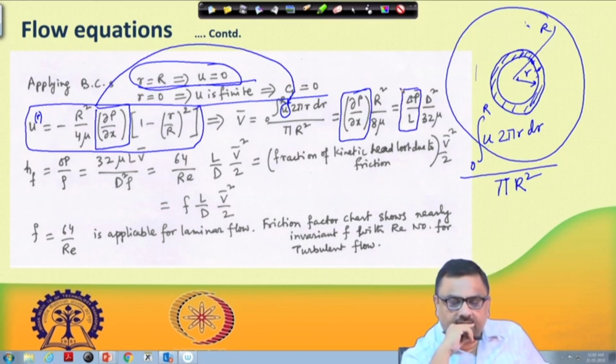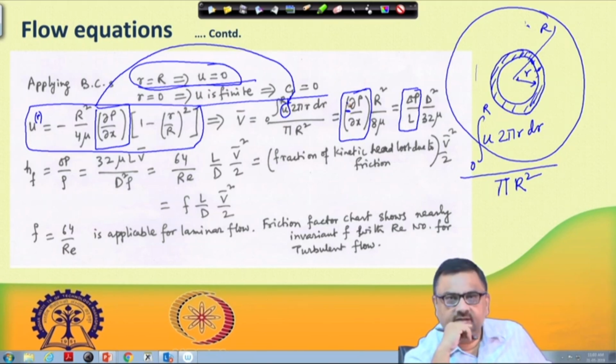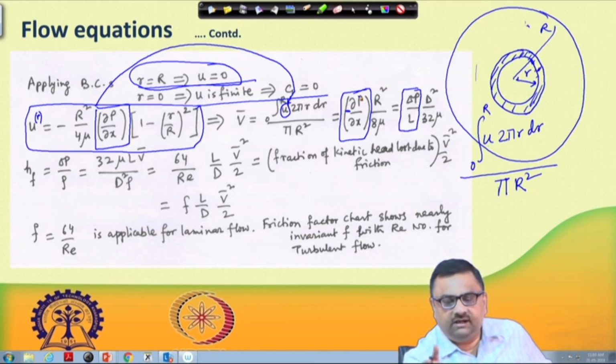In fact, there has to be a minus sign here, which we are carrying. So this has to be minus del p del x, and this del p del x can be replaced by delta p by L. We carried del p del x as the pressure gradient, and now we are saying it is a finite delta p change over some length L, not a differential length dx.